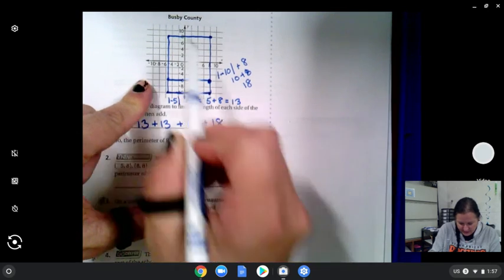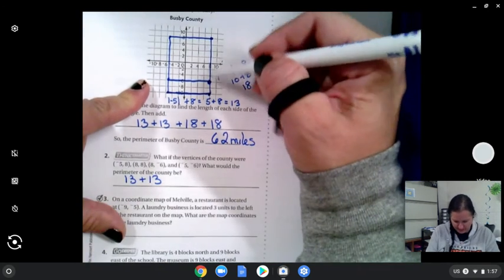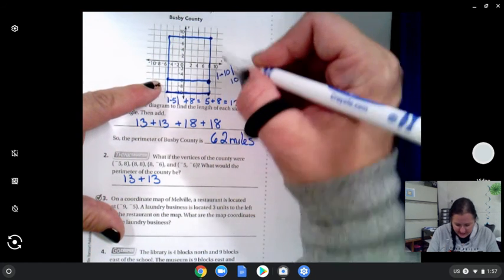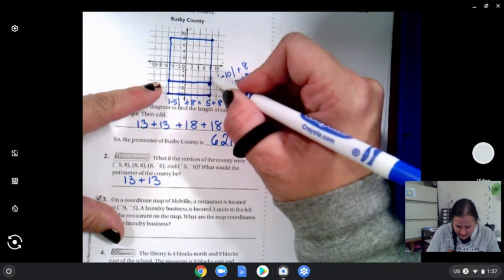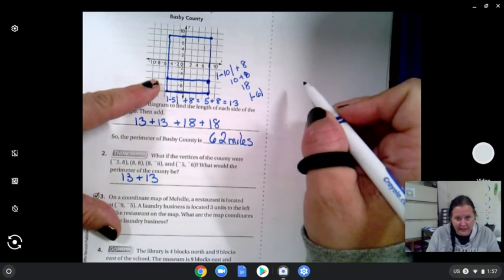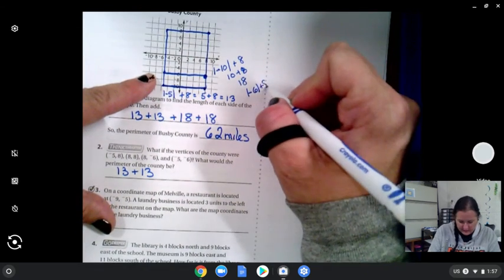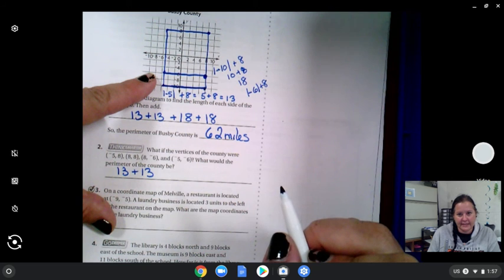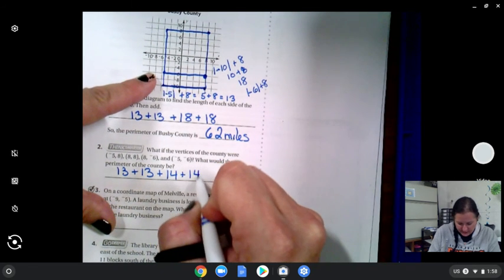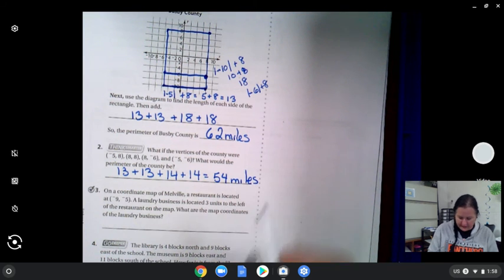That would still be 13 and the top would be 13. So it'd be 13 plus 13, but this part has changed. So now we only went to a -6 instead of a -10, right? So it'll be the absolute value of -6 plus these positive 8. 6 plus 8 is 14, so it would be plus 14 plus 14, which will give us 54 miles.